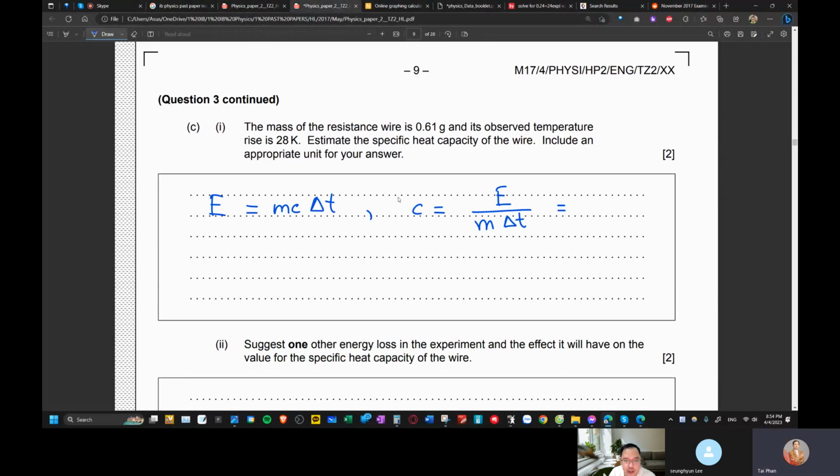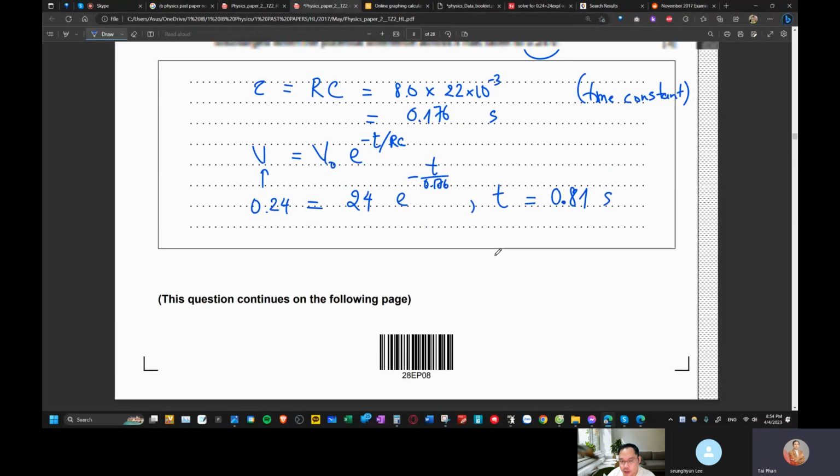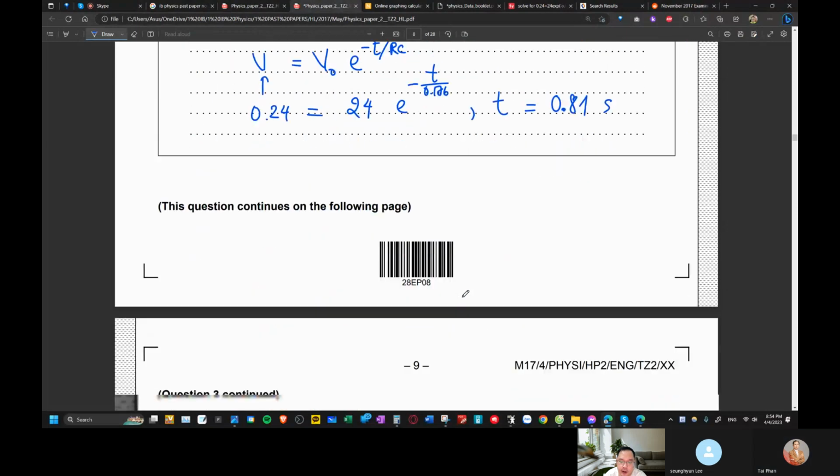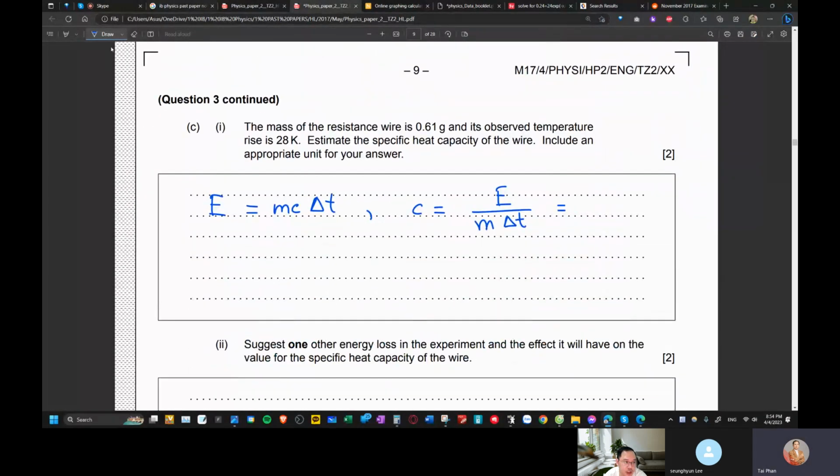Okay, energy, resistance wire. This is the resistance. The voltage decreases. We need to do one more step to calculate the energy. Energy is the initial energy of the capacitor subtract the final energy of that capacitor.